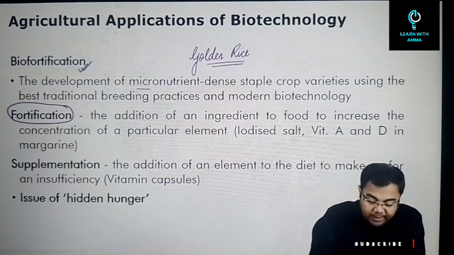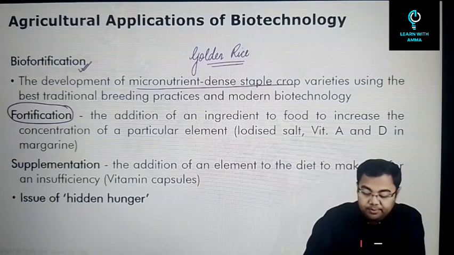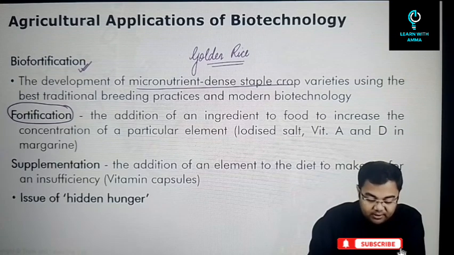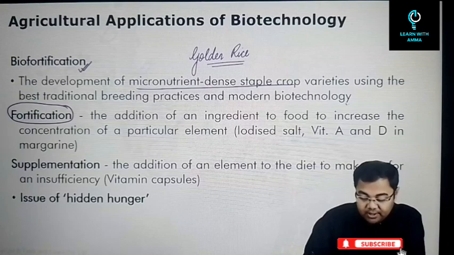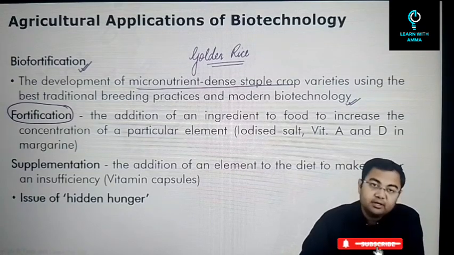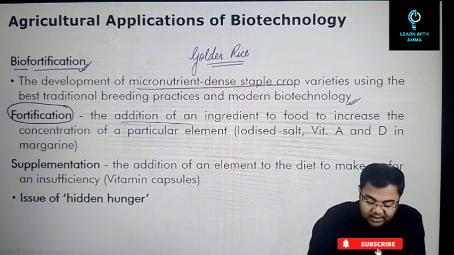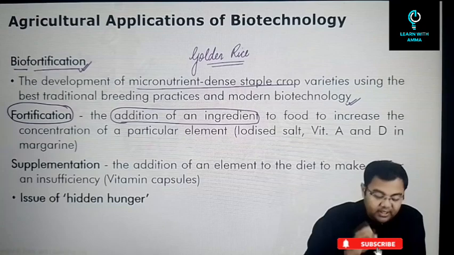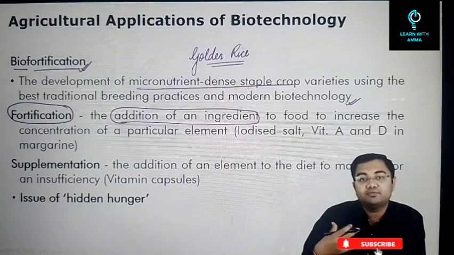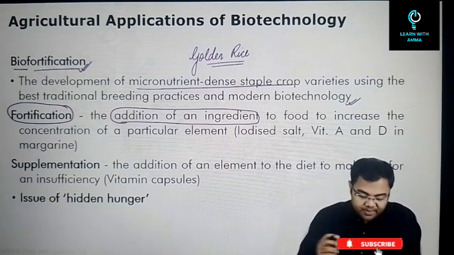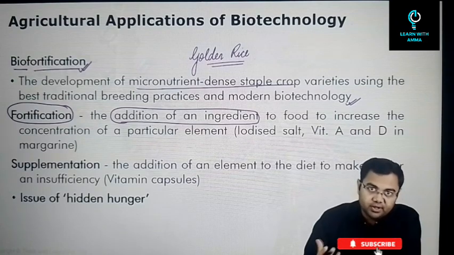The development of micronutrient dense staple crop varieties using the best traditional breeding practices and modern biotechnology is called biofortification. It comes from bio and fortification. Fortification means the addition of the ingredient to the food, and bio because we are doing it with the help of biotechnological tools.